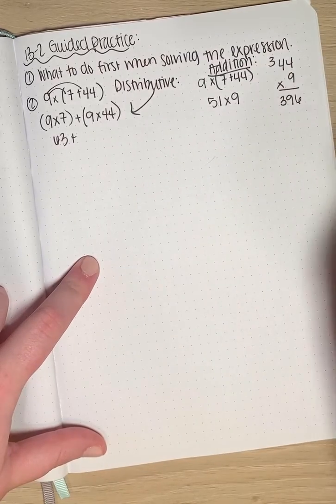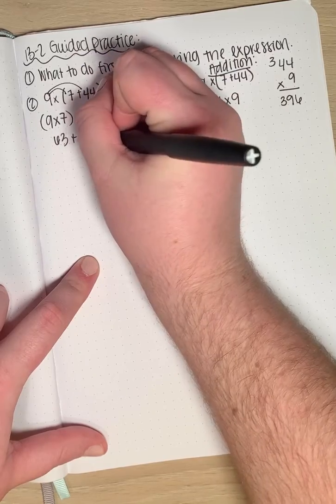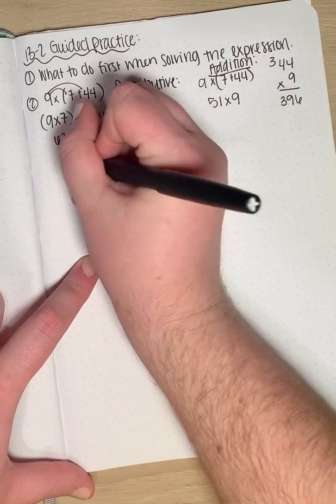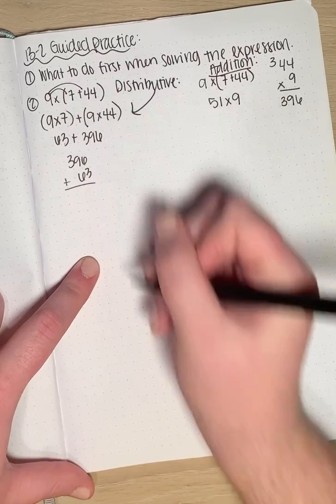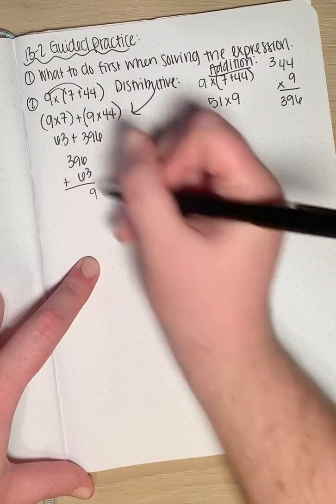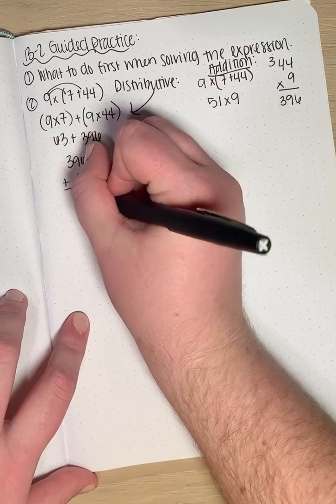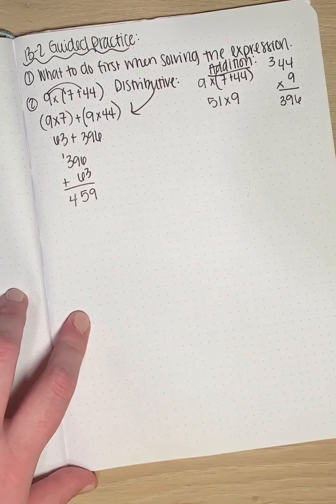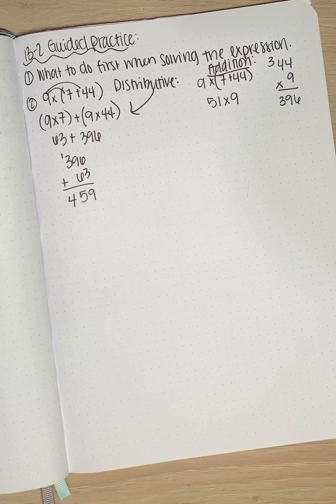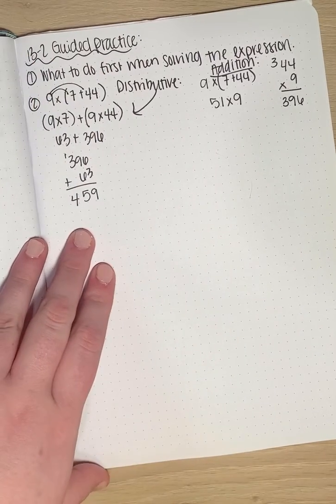So I'm going to have 63 plus 396. If I add those, 6 plus 3 is 9, 9 plus 6 is 15, carry that, and I'm going to have 459. All right, so that was using the distributive property.